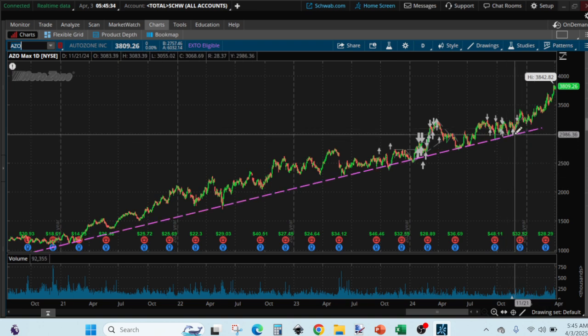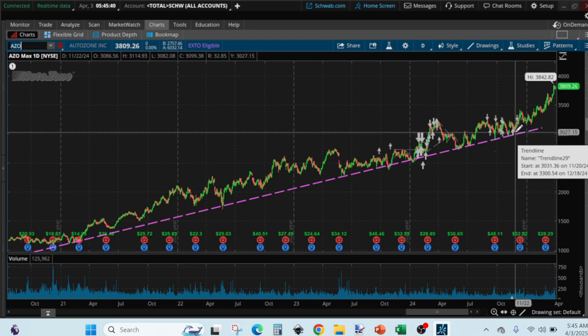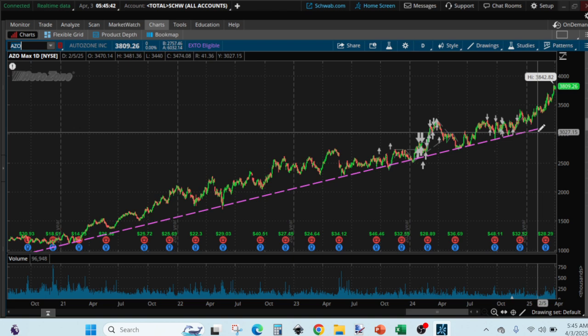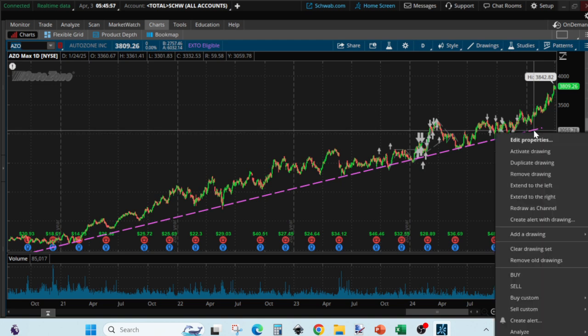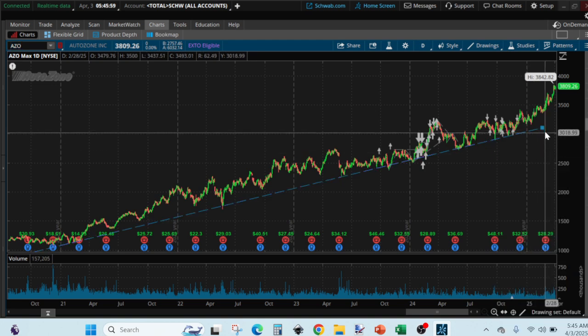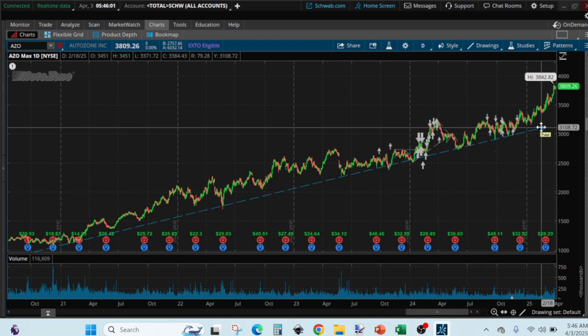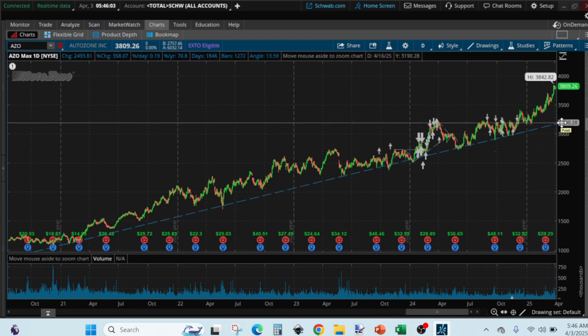The last time it touched base with this trend line was toward the end of 2024, and right now it is not ready to come down yet. I'm not even sure what this company does. You see, I don't even care about what the company does until it piques my curiosity, because I've been watching it for a while now, and it's still going up.